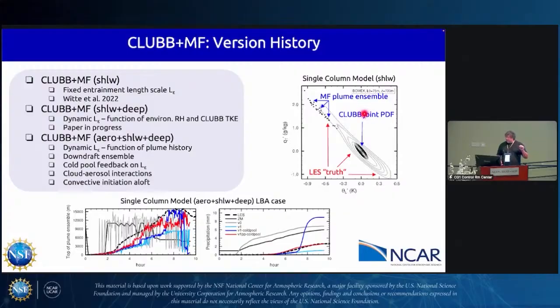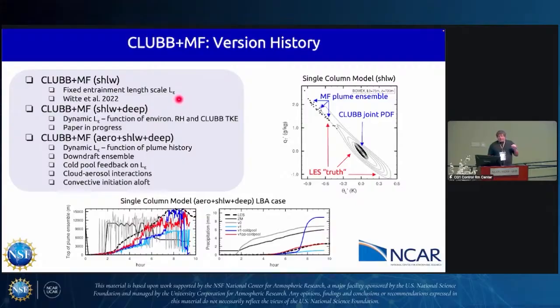The CLUBB joint PDF is this darker oblate shape here, and you can see it's quite a bit narrower than the PDF produced by the LES solution. And the mass flux plume, this is the explicit ensemble of mass flux plumes, so I think there's 100 plumes in here. As you can see, they kind of fill out this skewed tail of the PDF that isn't being represented by CLUBB's joint PDF.